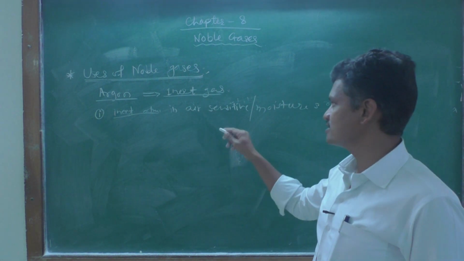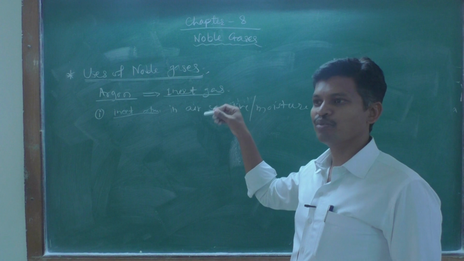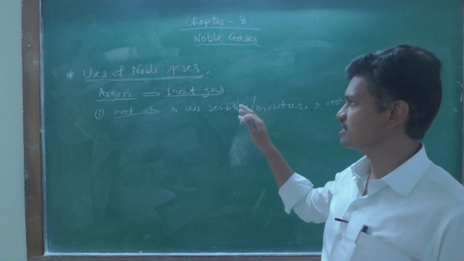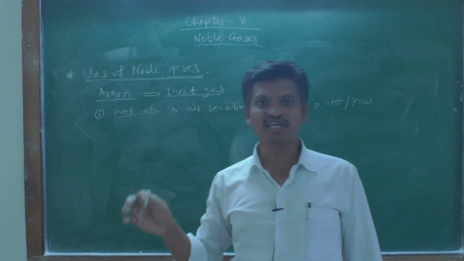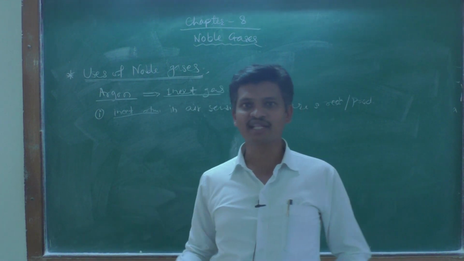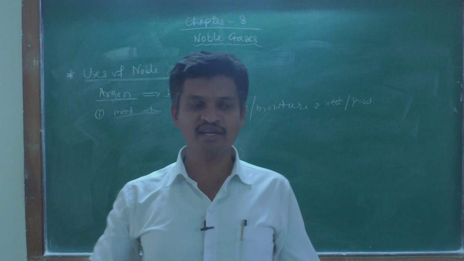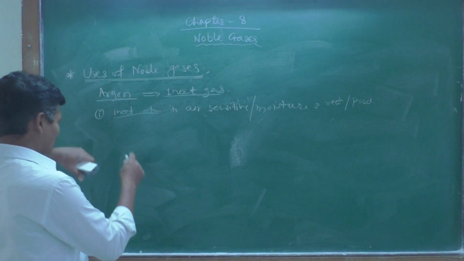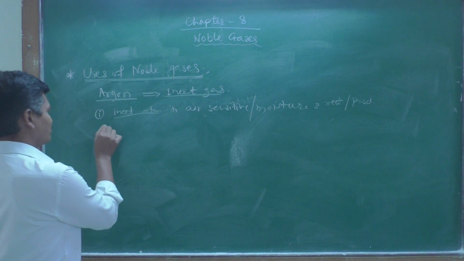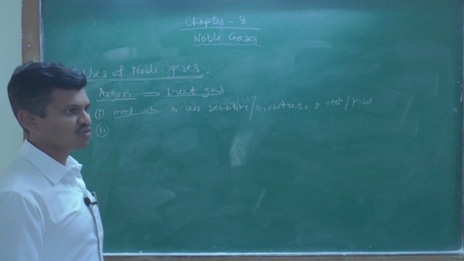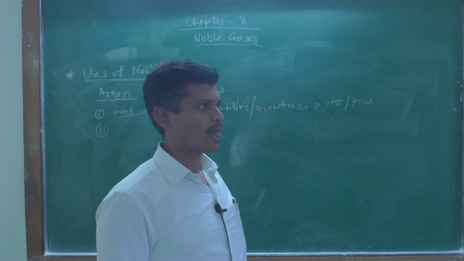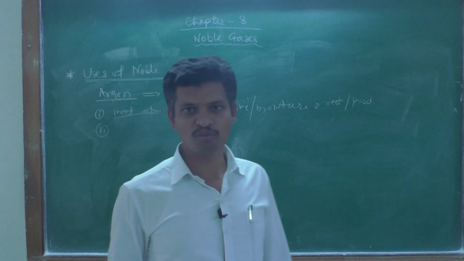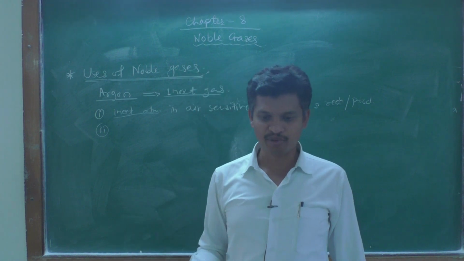Some reactions are air sensitive or moisture sensitive, and in such cases argon gas purging is generally used to maintain the inert atmosphere in that particular vessel. This inert gas argon is also used to fill balloons. So argon balloons have also been prepared.